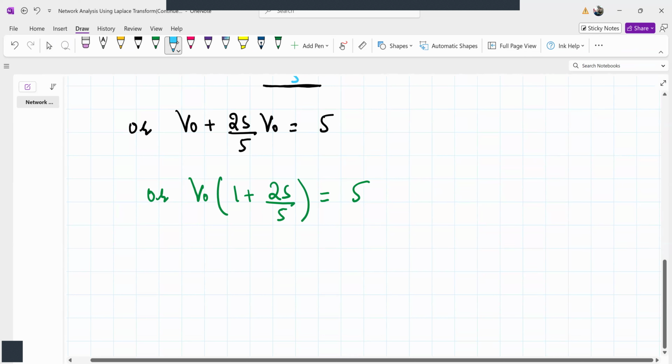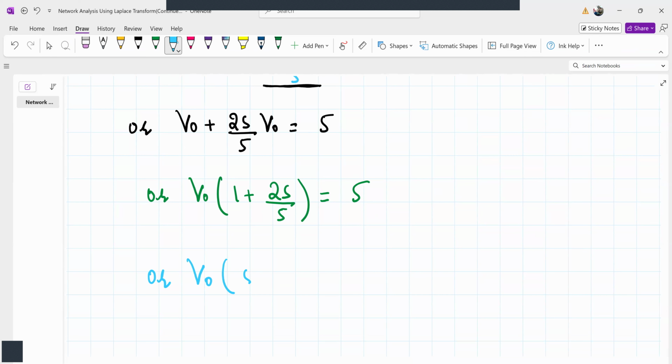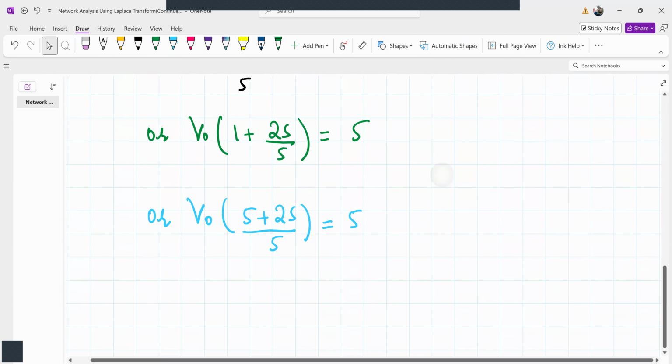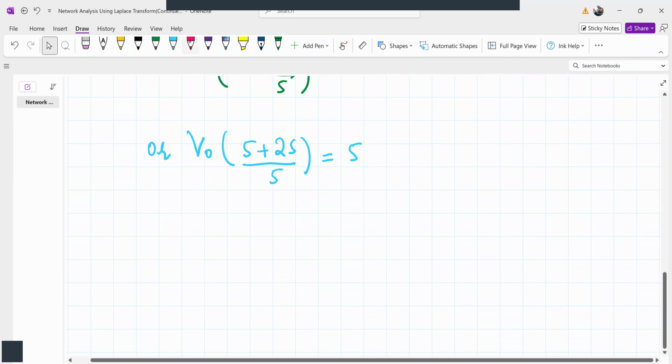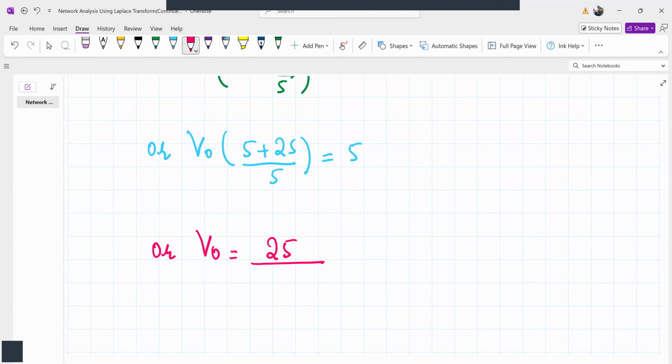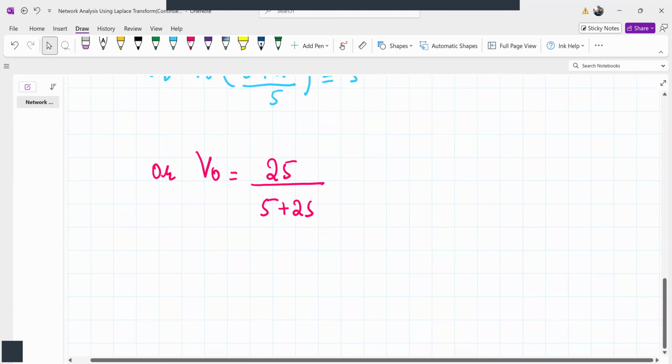If we simplify this, it will be V0 into (5 plus 2s) divided by 5 is equal to 5. Further simplifying, V0 will be equal to 25 divided by (5 plus 2s). Now we'll try to bring it into the form of 1 divided by (s plus a).